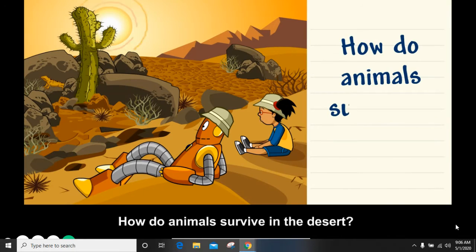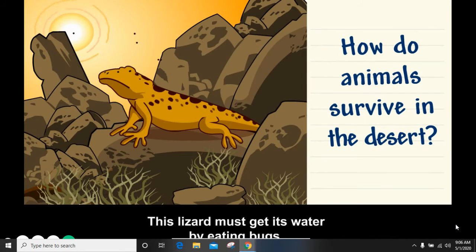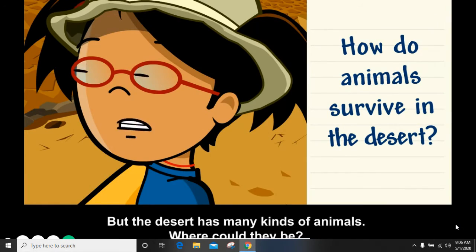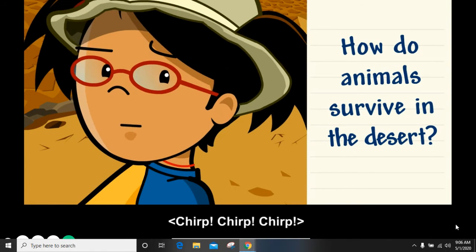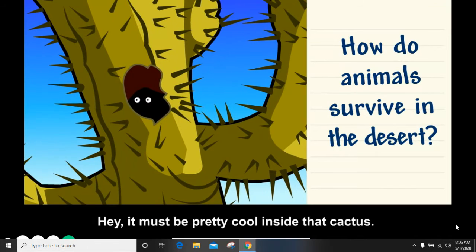How do animals survive in the desert? Well, all animals need some water. This lizard must get its water by eating bugs. But the desert has many kinds of animals. Where could they be? Hey, it must be pretty cool inside that cactus.